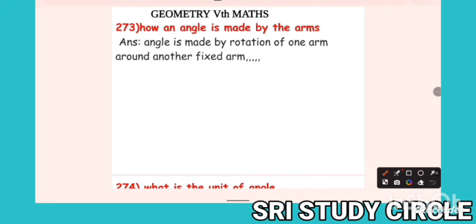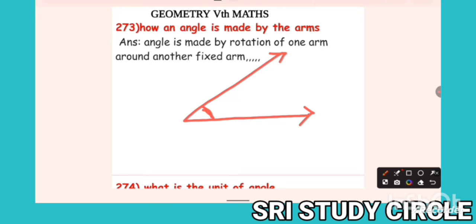How is an angle made by the arms? The angle is made by rotation of one arm around another fixed arm. Suppose this is one arm, fixed. Now we can rotate this one. This is known as angle.